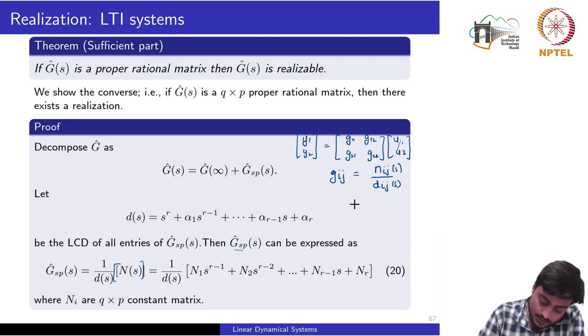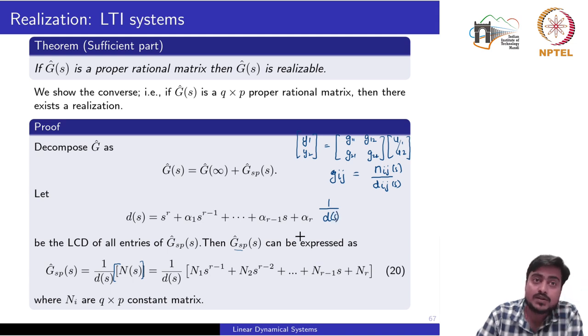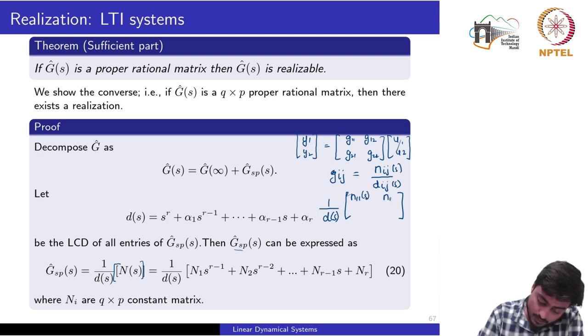After taking the LCD of all the elements of this transfer function matrix, I can express this transfer function matrix as some 1 by d of s, the LCD, times a matrix with entries n11 of s, n12 of s, and so on.